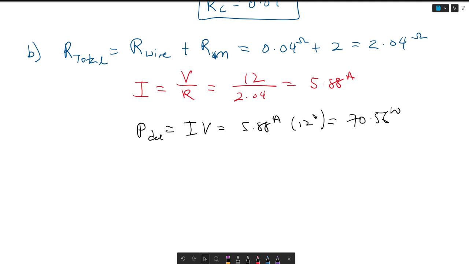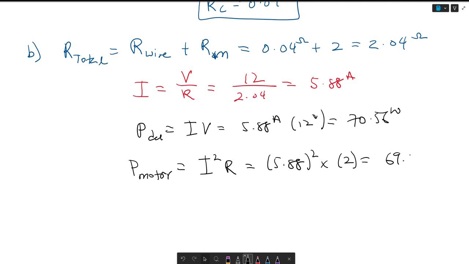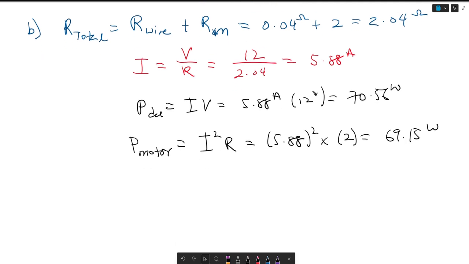And the power delivered to the motor is I squared times R, which is equal to 5.88 squared times 2 ohms, which is equal to 69.15 watts.